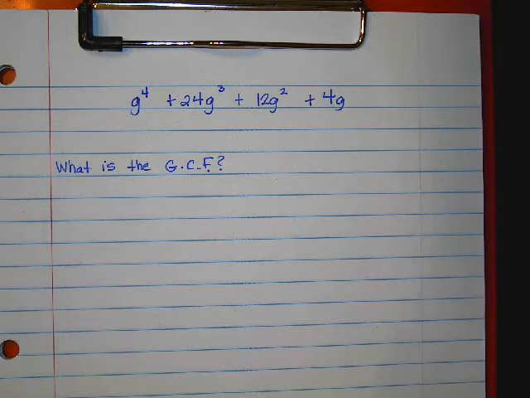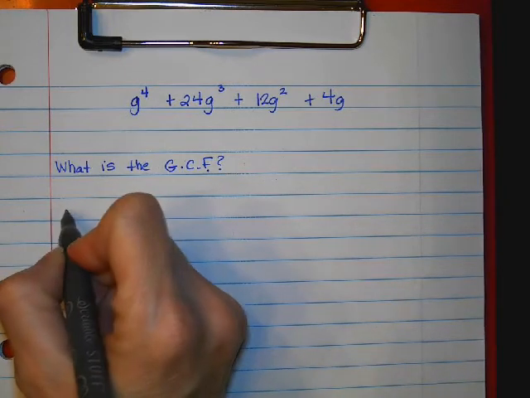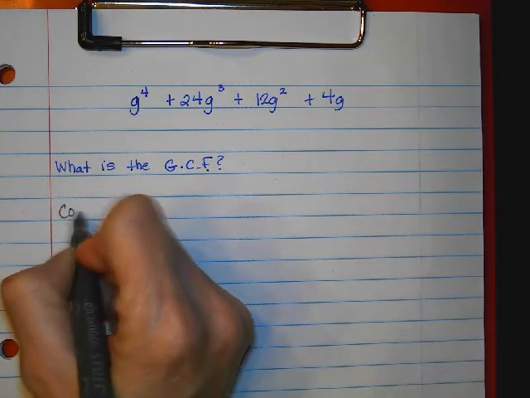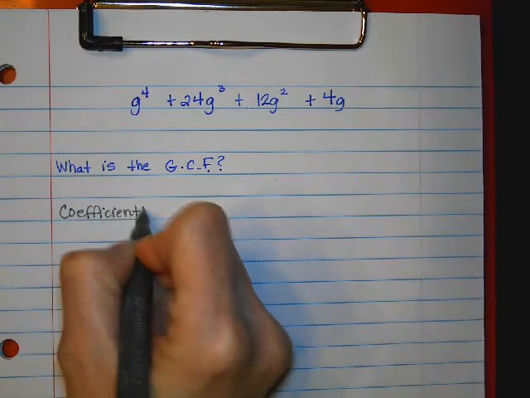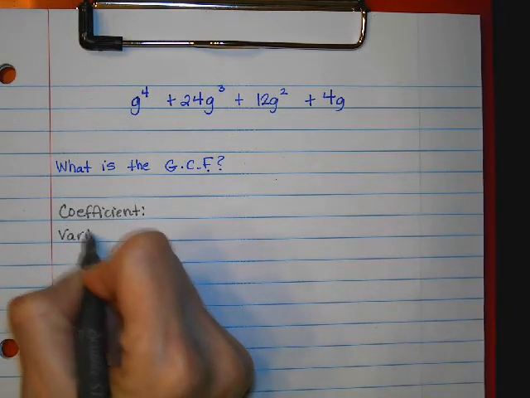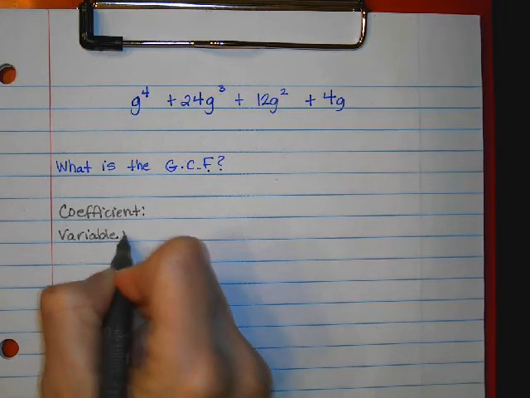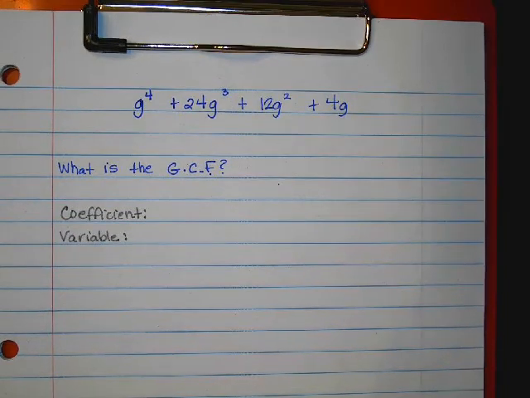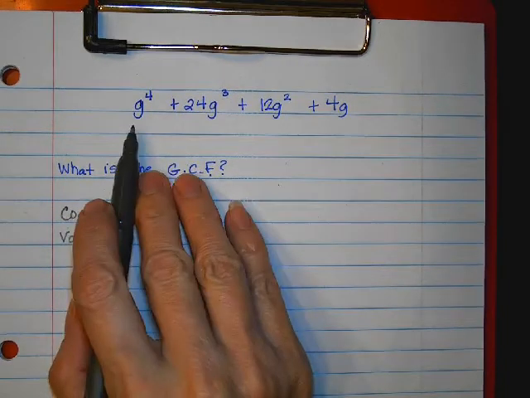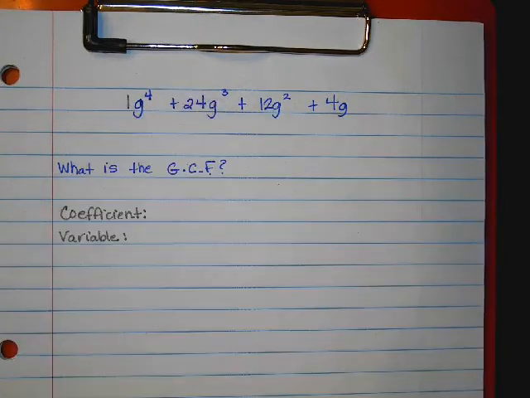So remember, to find our GCF, we have to find it of the coefficients, and then we have to find it of the variables. Alright, so those are the 2 things that we're looking for. So we first have to identify who are our coefficients. If you don't see a coefficient, it's an understood, correct, 1.